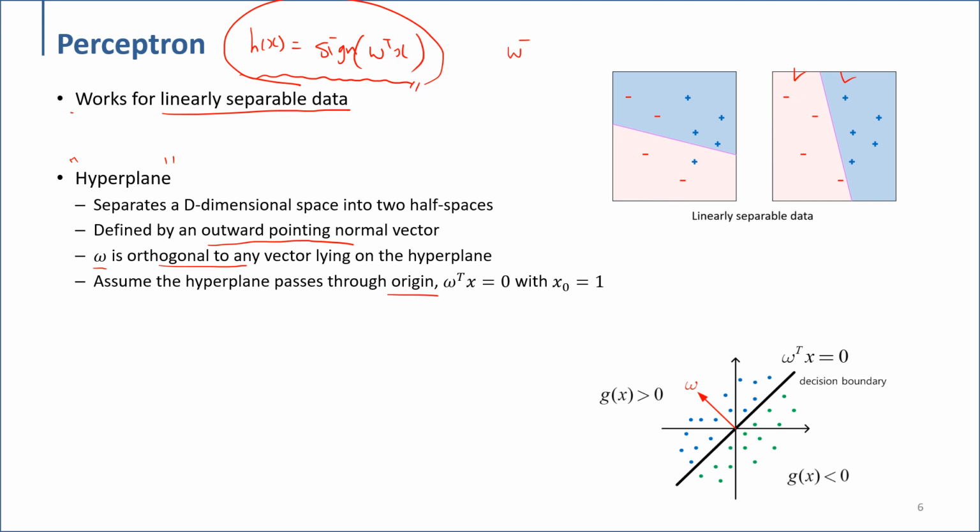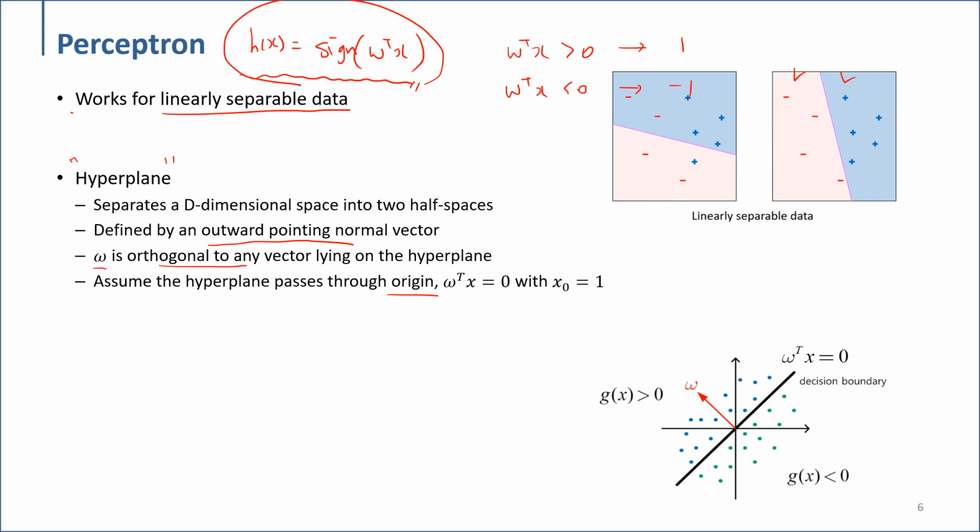If omega transpose x is equal to or larger than 0, then we will call this data class 1. And if omega transpose x is smaller than 0, then we will put this data into class -1 or 0.